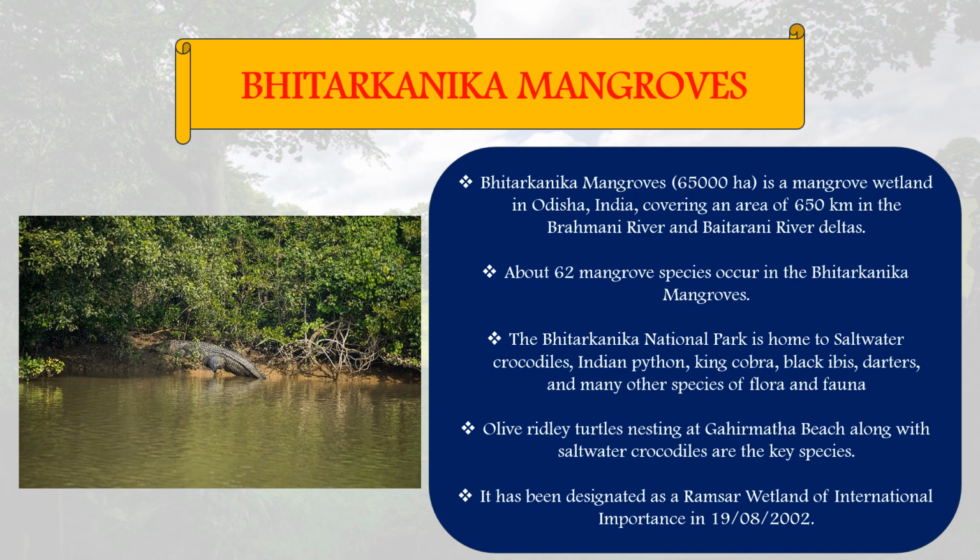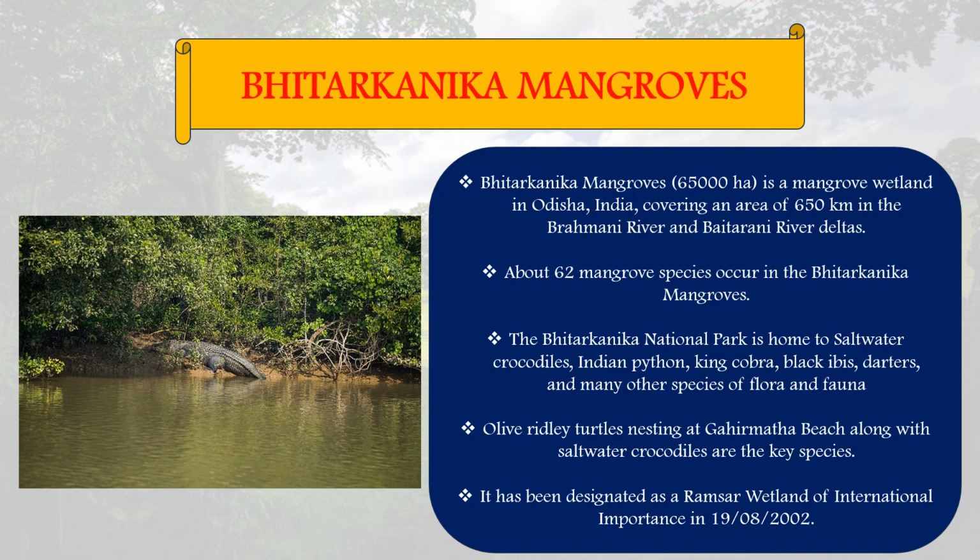And Gahirmatha Marine Wildlife Sanctuary, which bounds the Bhitarkanika Wildlife Sanctuary to the east, was created in September 1997, and it covers the Gahirmatha beach and an adjacent portion of the Bay of Bengal.